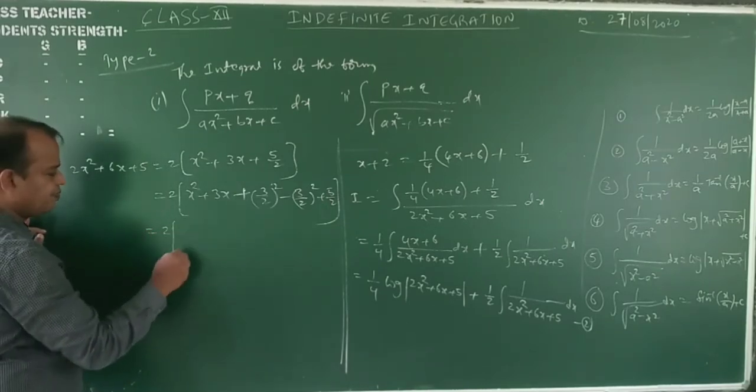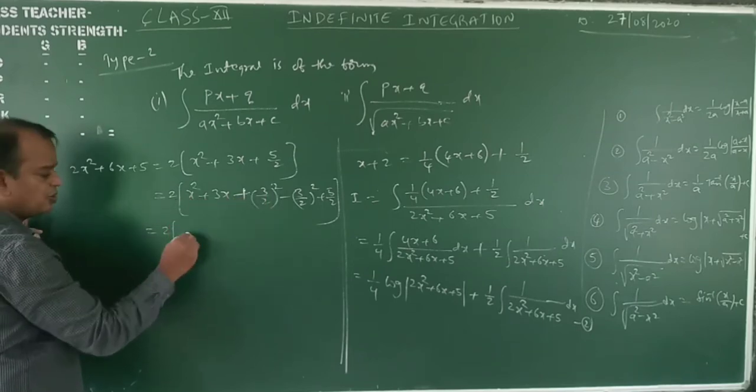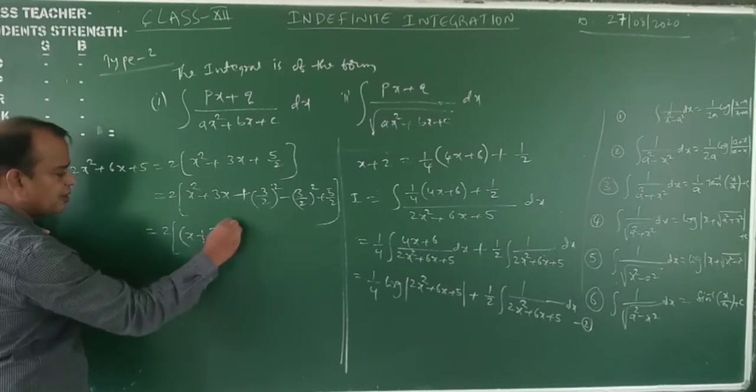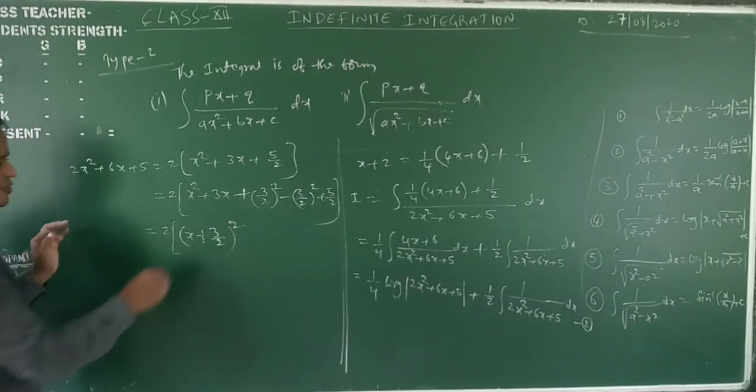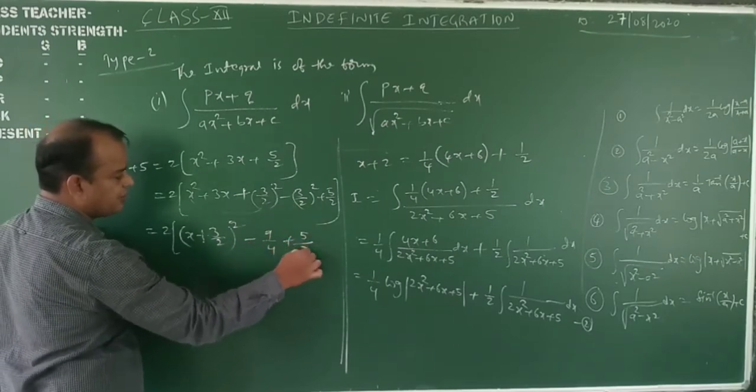Now 2 into, what about this? a square plus 2ab plus b square is a plus b whole square, so x plus 3 by 2 whole square, minus 9 by 4, plus 5 by 2.